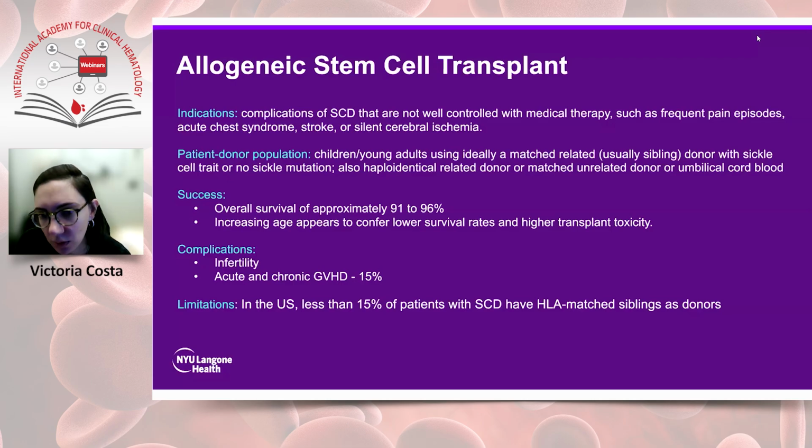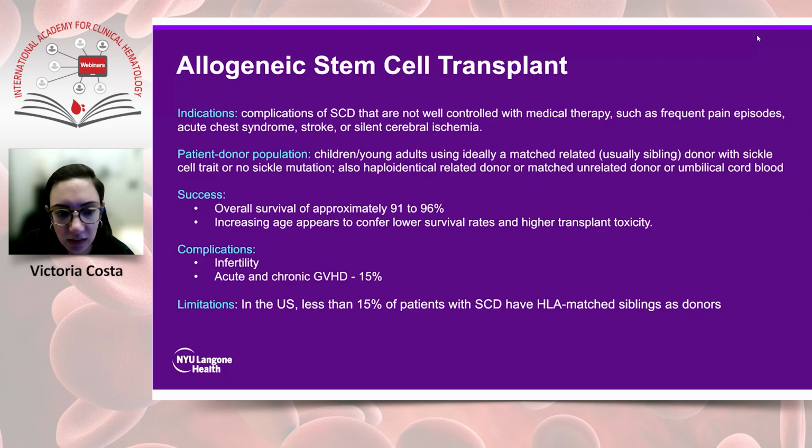Haploidentical related donor or matched unrelated donor or umbilical cord blood are also options and are being more integrated into the protocols. Allogeneic stem cell transplant in general has a good survival of 91 to 96%.